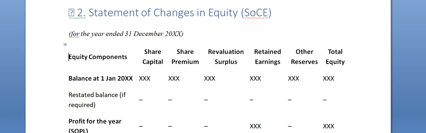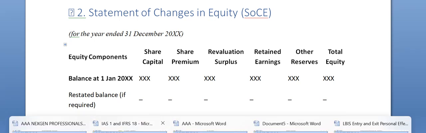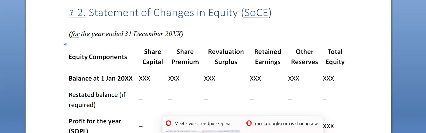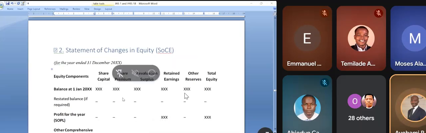Whatsoever that you have in your statement of financial position under equity, usually we form the headlines, all things being equal. Something might not be equal. That's why I'm saying all things being equal, we form the headlines of what you will have in your statement of changes in equity. Please take note of that.